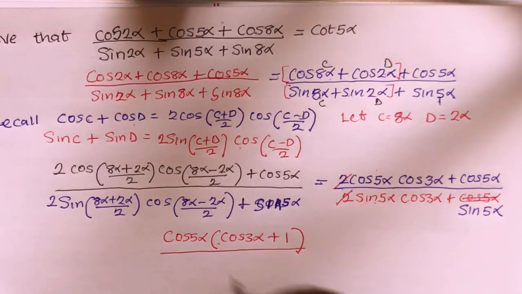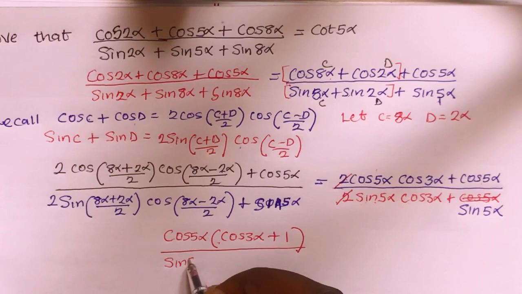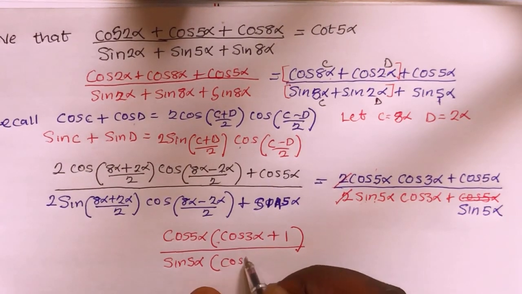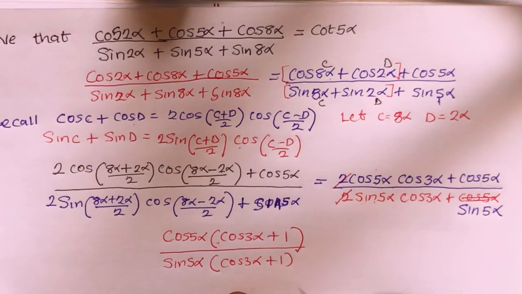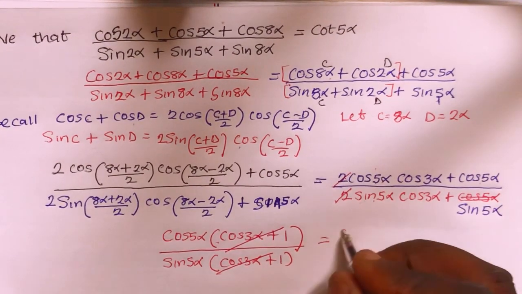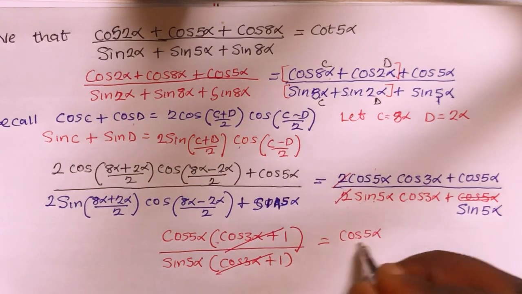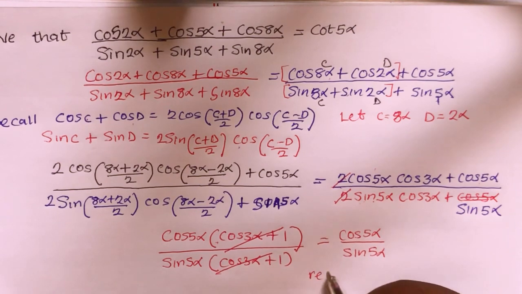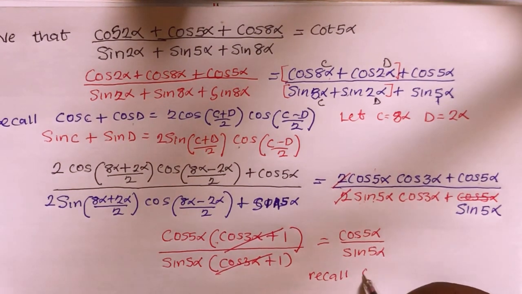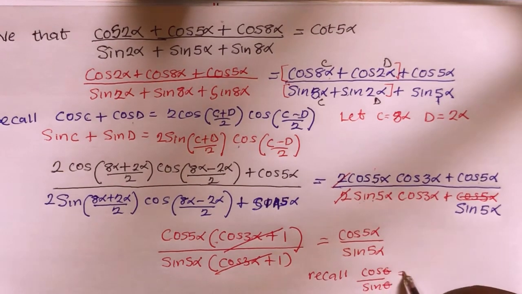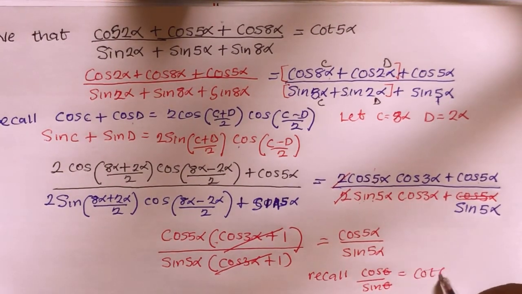Then we can factorize it out. You have sine 5 alpha into brackets, the same thing, cos 3 alpha plus 1. Can you see that this can be cancelled out? Then you have this to be equal to cos 5 alpha divided by sine 5 alpha. You can recall that whenever you have cos theta over sine theta, the expression is also written as cot theta.